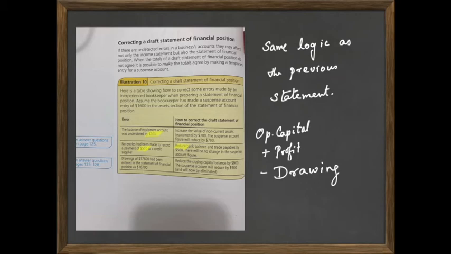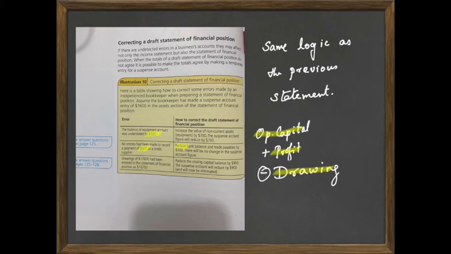Then, drawings of 17,600 had been entered in the statement of financial position as 16,700. To understand what is happening here, let's come to the equation here, that is opening capital plus profit minus drawings. This is what we usually do in order to find our closing capital, correct? As you can see, drawings is deducted, right? So instead of deducting 17,600, you deducted 16,700.